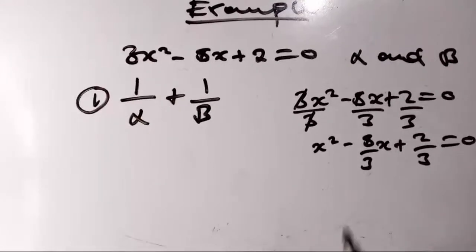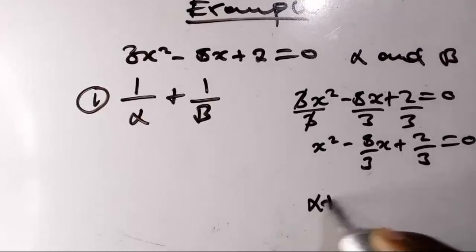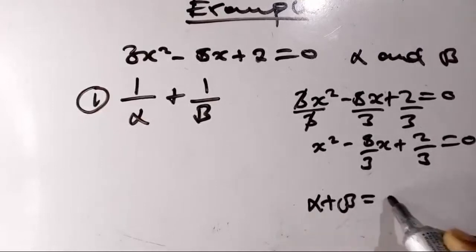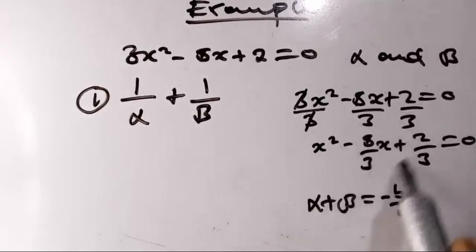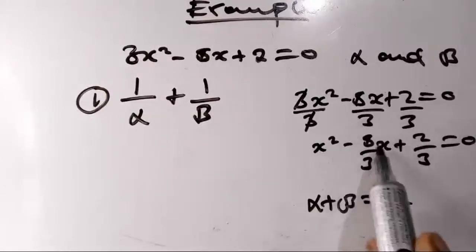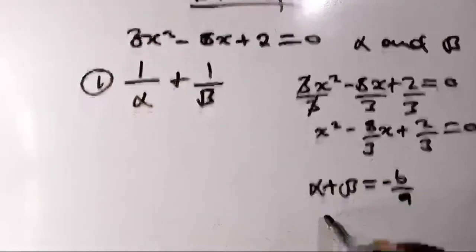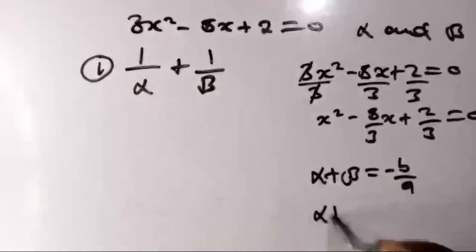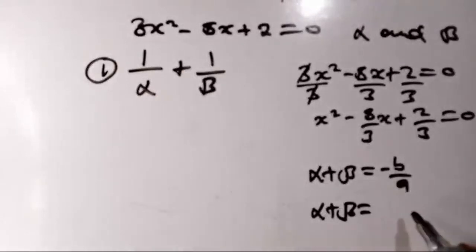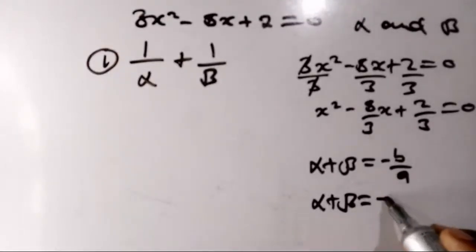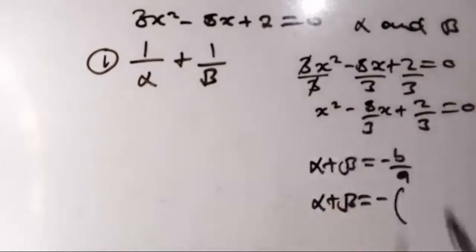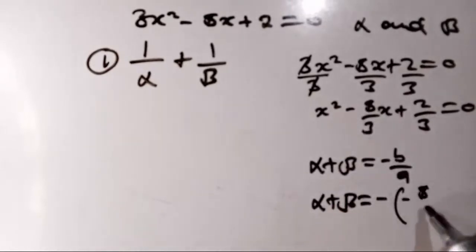Then here we say that alpha plus beta is equal to minus b over a. Here, this is the term b over a, so we have a negative and a negative. So alpha plus beta is equal to minus, and where this is b over a, we have minus 8 over 3.